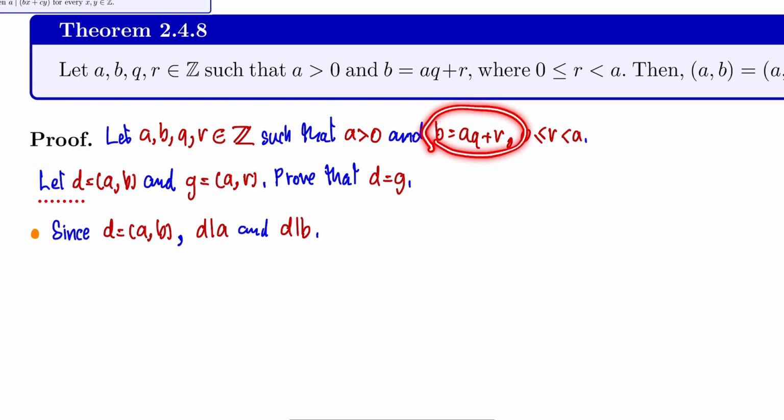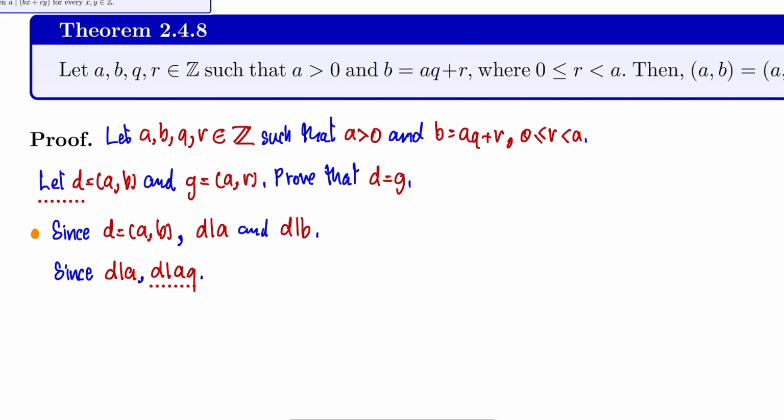And right now we know that d divides a. So it's pretty obvious that d divides aq, right?